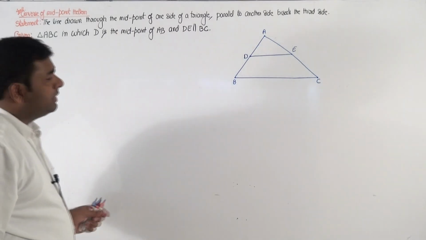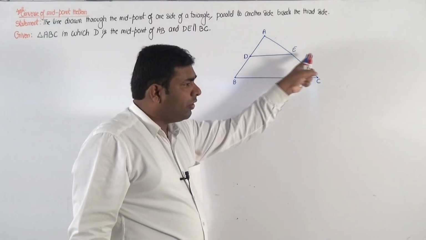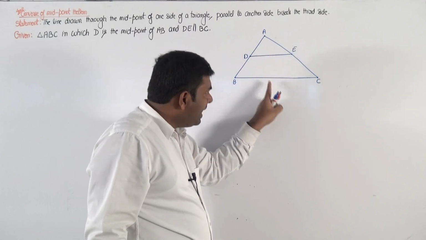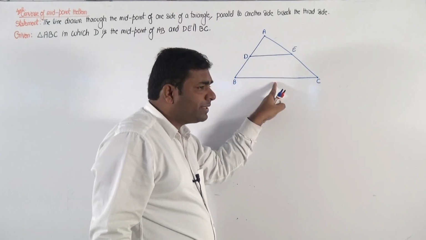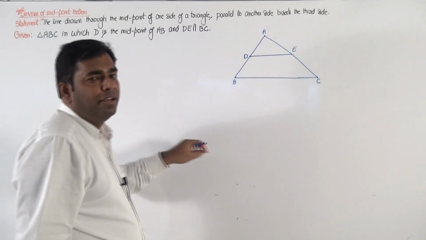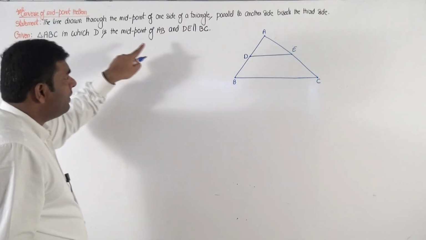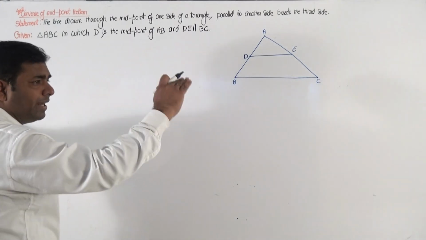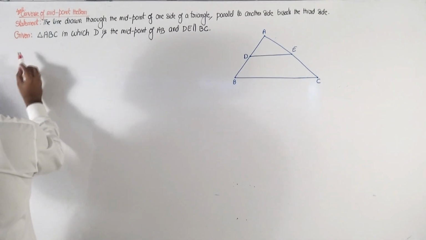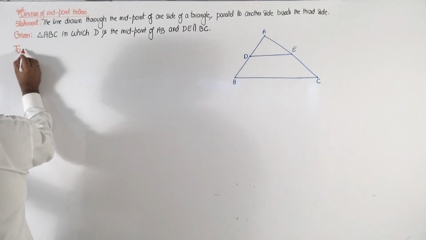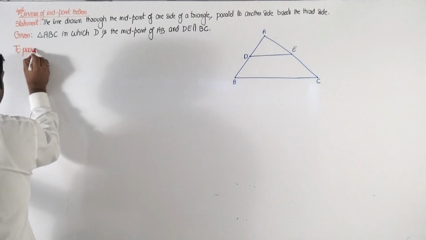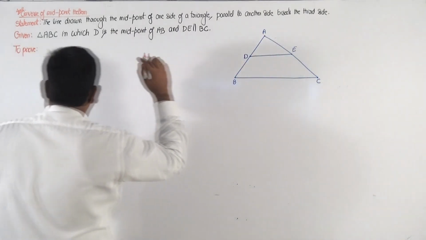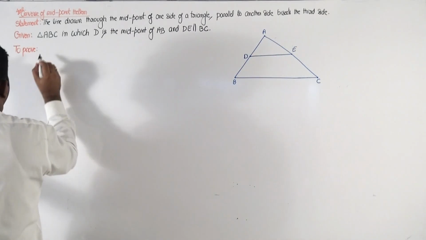The line drawn through the midpoint of one side of a triangle parallel to the another side bisects the third side. So D is the midpoint of AB and DE is parallel to BC, तो वो थर्ड साइड को बाइसेक्ट करेगा. So I am supposed to prove what?